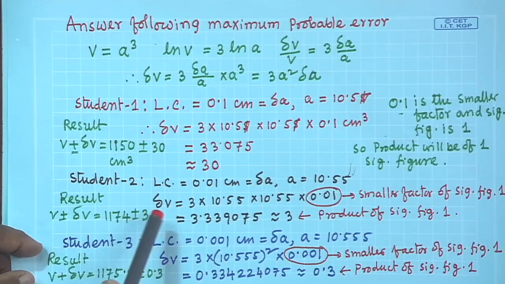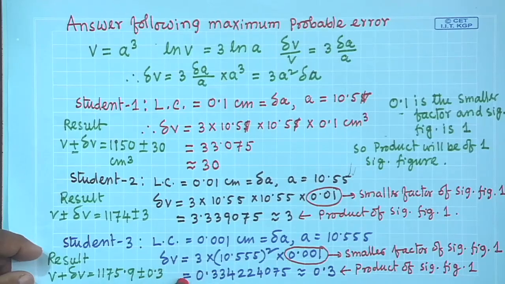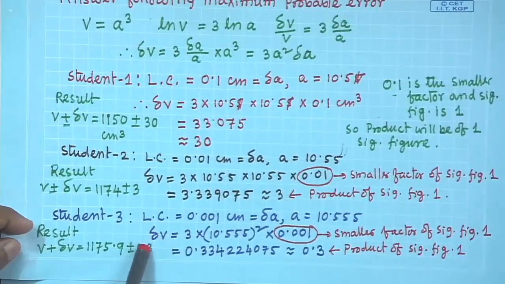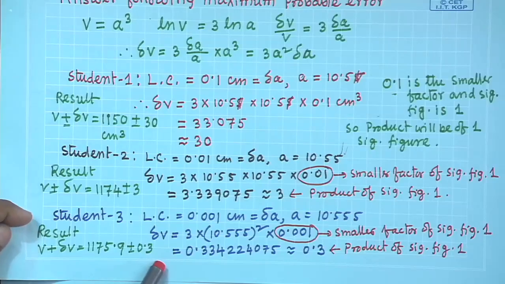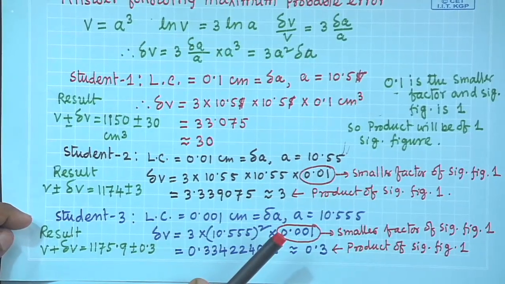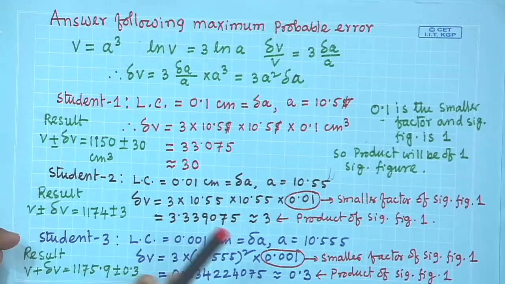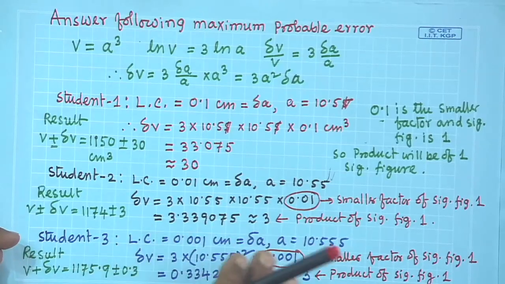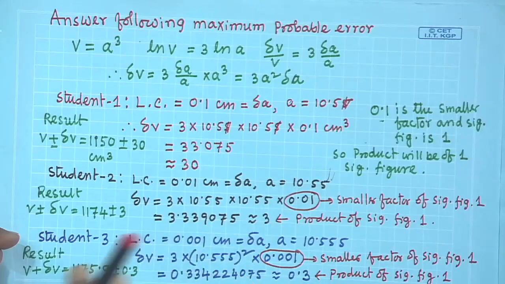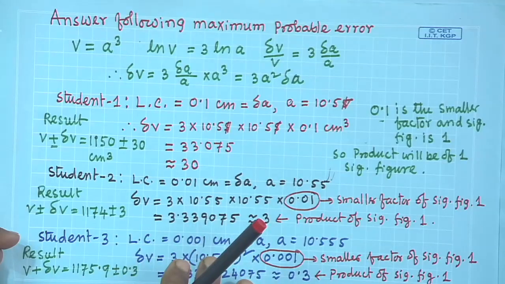I think this is a good example, and from this single example I have told you everything: how to write the result and how to find the error.